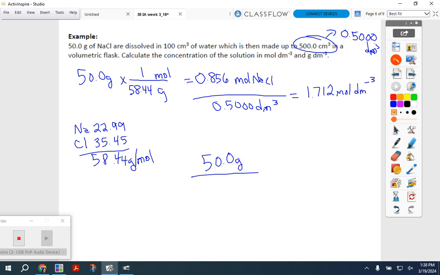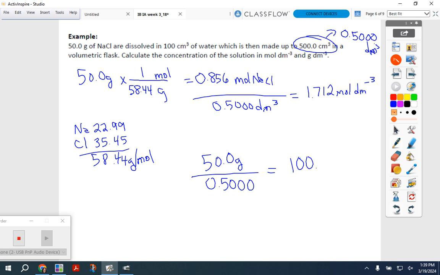So we're going to divide by our decimeters cubed, which we already know is 0.5. And that's going to give us what? Yeah, it's 100 because we only have 3 significant digits.